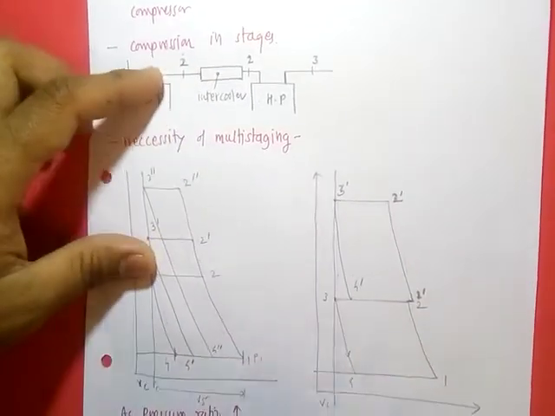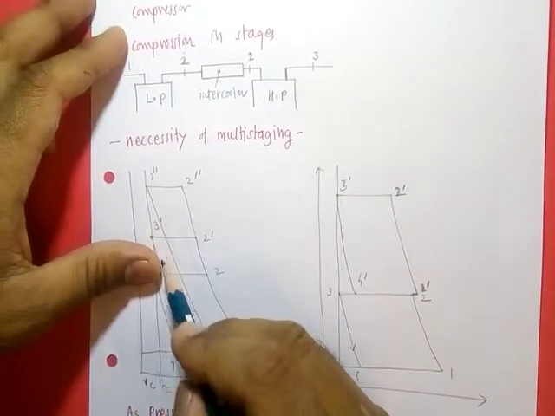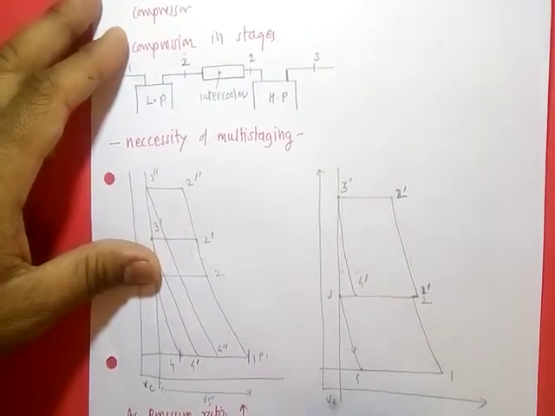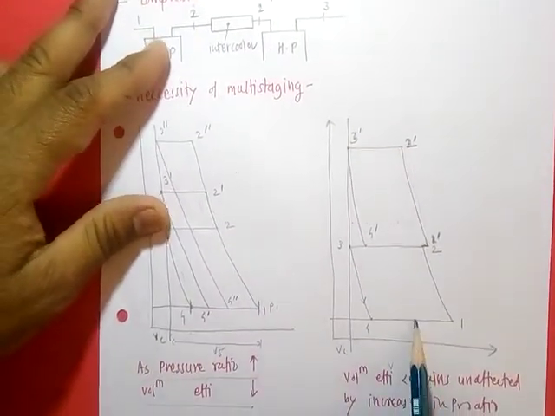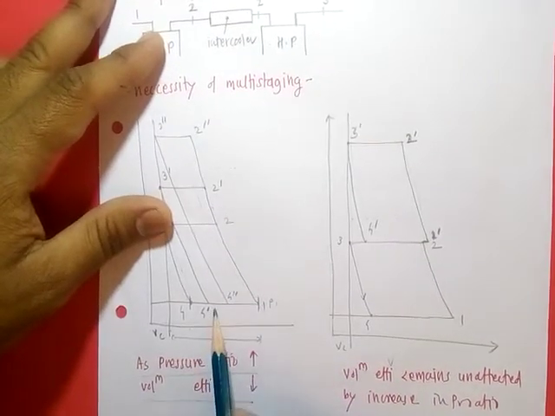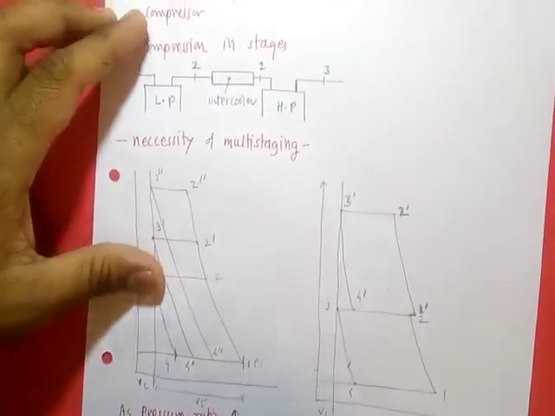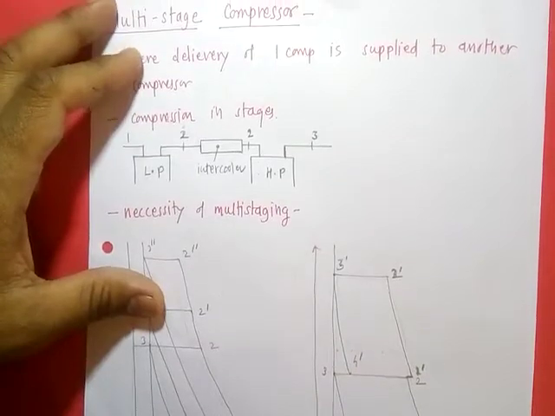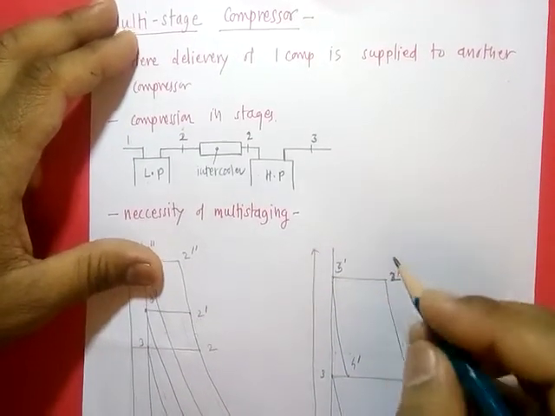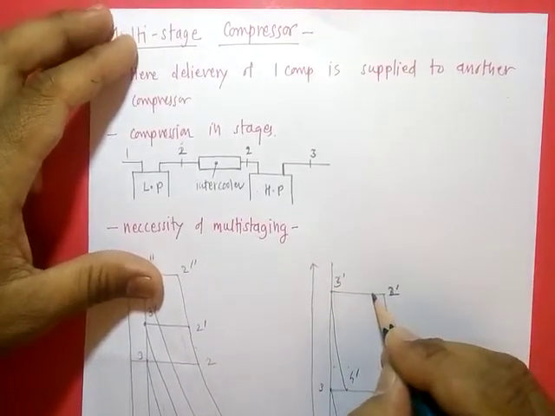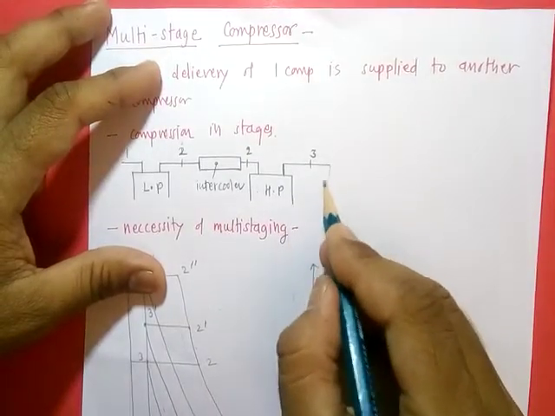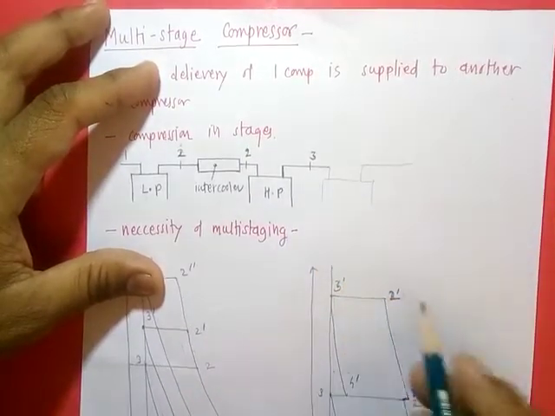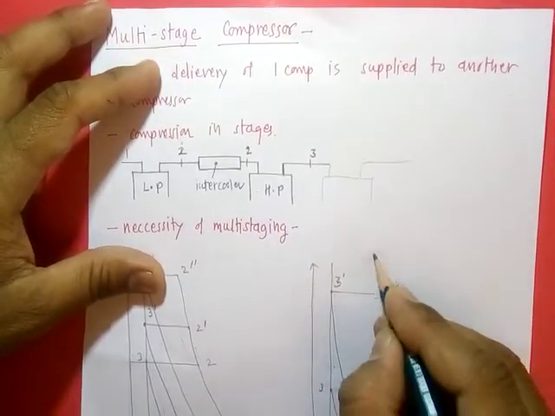That means if you consider the same pressure ratio here, then volumetric efficiency in the case of multi-staging is more than in the case of single stage. Now again, if you want to increase the pressure ratio, then just add another compressor here, then the delivery of this second compressor will be at the next pressure, and again there is a cycle here.